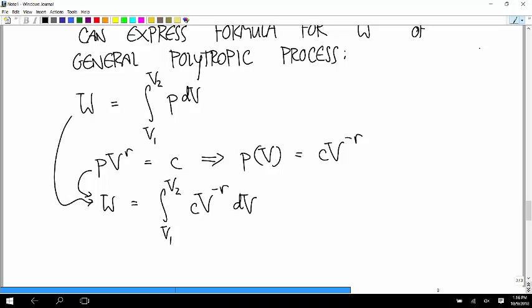C is a constant, so you can pull that out of the integral. But what do you get if you integrate V to the negative R dV? So C V to the negative R plus 1, I'll write that as 1 minus R, divided by 1 minus R, evaluated from the volume at state 1 to the volume at state 2.